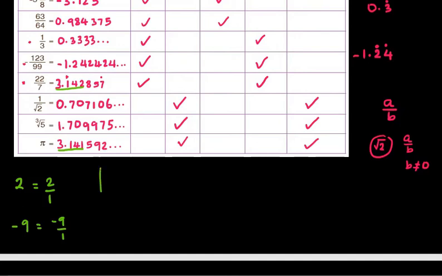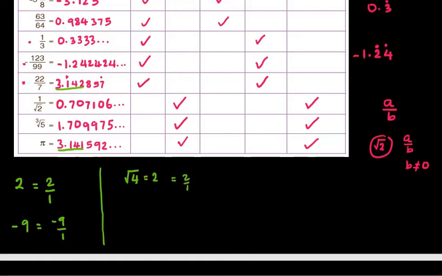Another thing, you may say, what about the square root of 4? The square root of 4 is rational. Why? The square root of 4 is 2, and 2 can be written as a fraction, 2 out of 1.